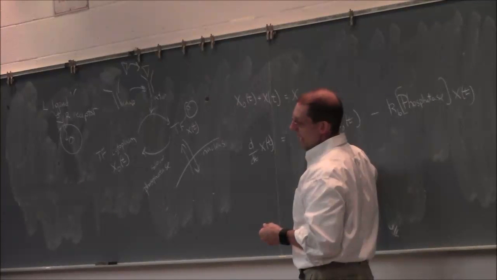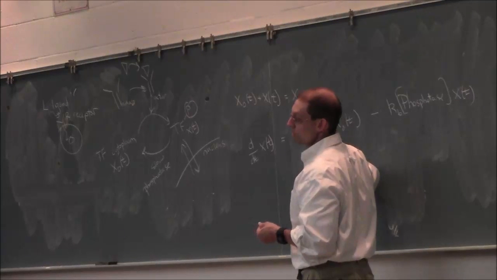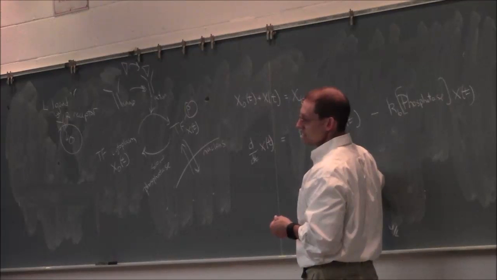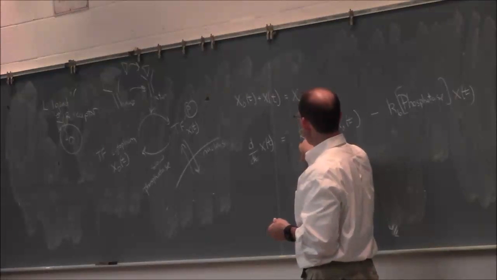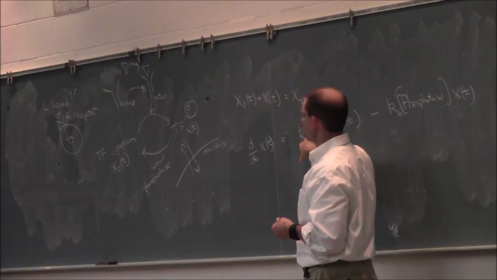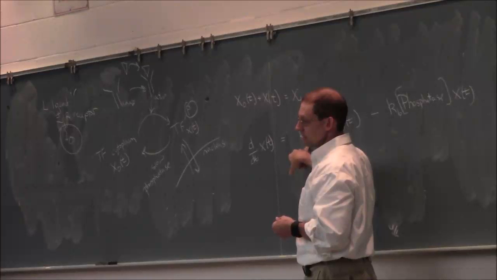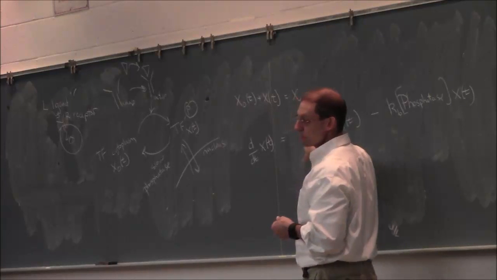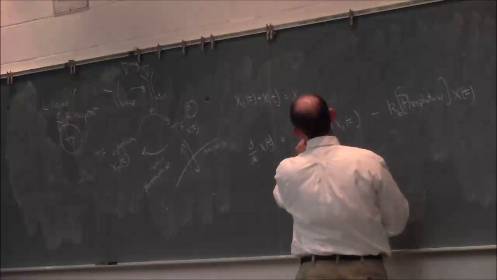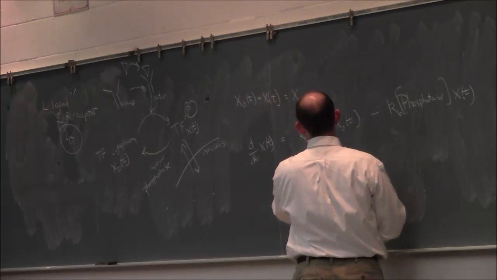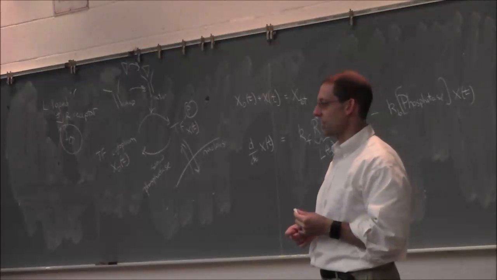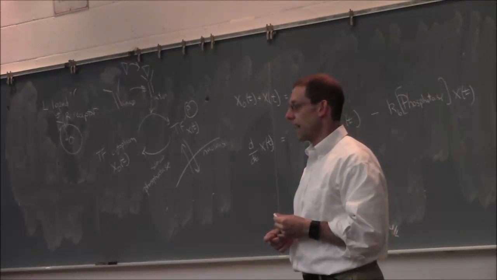Think about K forward as a bimolecular rate constant between the inactive form of the transcription factor, the unphosphorylated state, times the concentration of the active receptor, times a rate constant. The active receptor is just the receptor with ligand bound, so essentially that is proportional to the ligand concentration at the time.